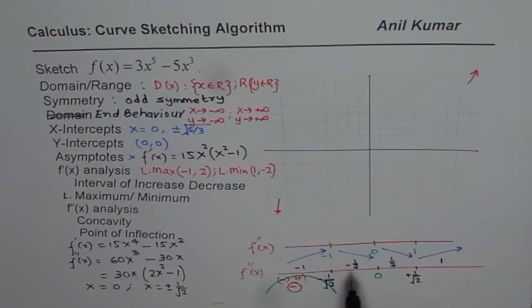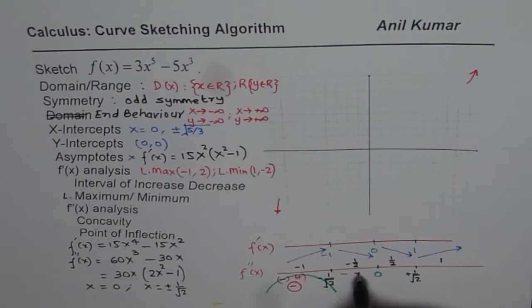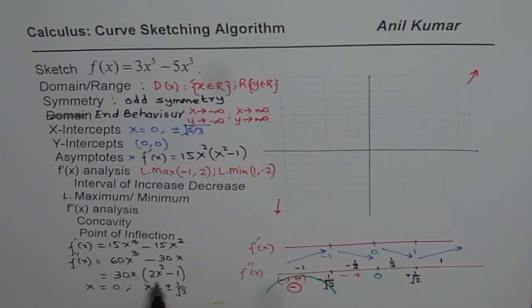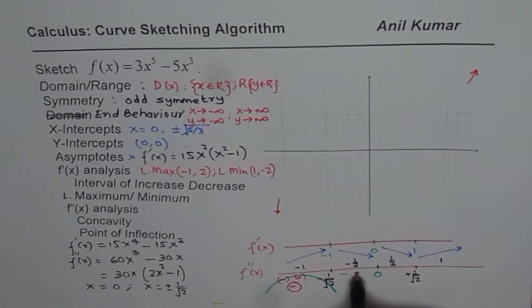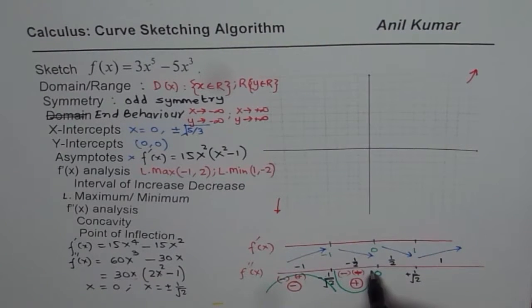Correct. If I substitute minus half here, the first term will be negative, and the second term will also be negative, right? Minus half squared is 1 over 4, times 2, minus 1, it will be negative. And the combination of two negatives when multiplied will give us positive. Positive means concavity will be concave up, right?